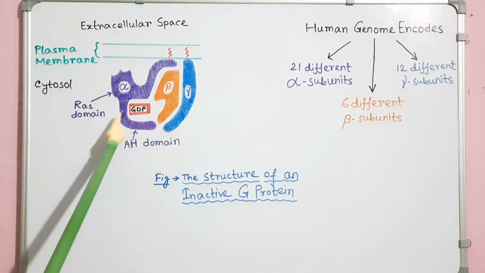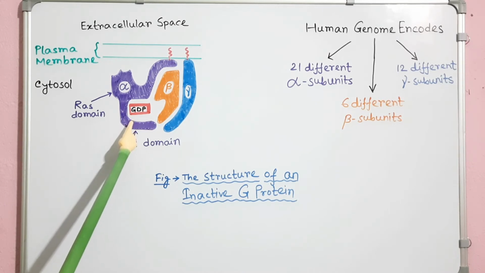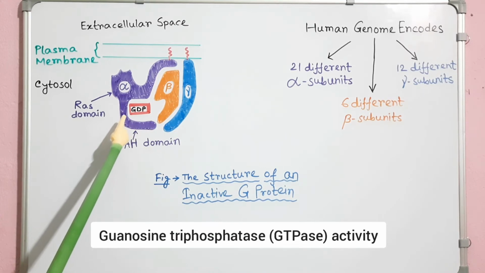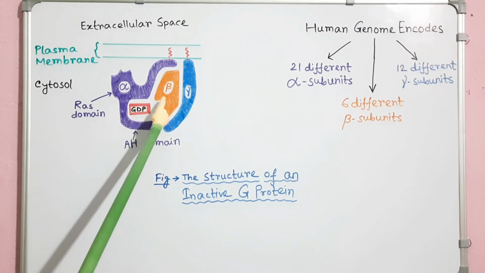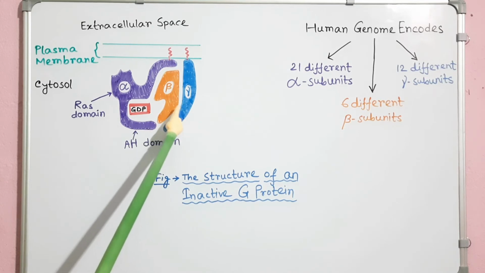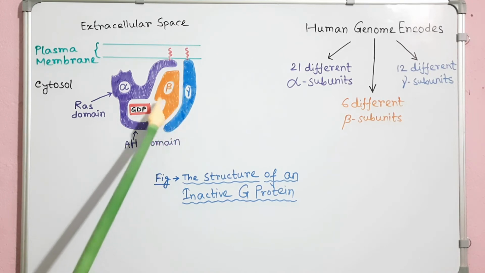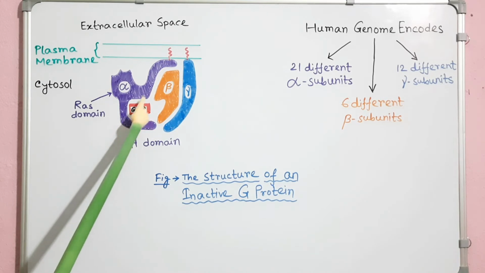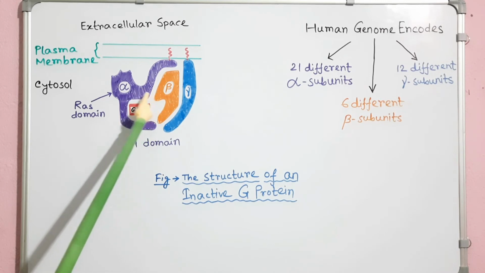The alpha subunit binds guanine nucleotides with high affinity and specificity and has guanosine triphosphatase or GTPase activity. The beta and gamma polypeptides are tightly but non covalently associated in a functional dimer subunit. The alpha subunit contains the GTPase domain and binds to one side of the beta subunit.